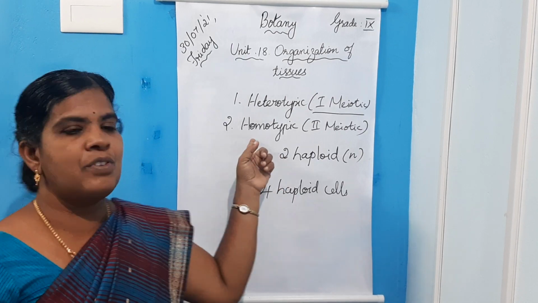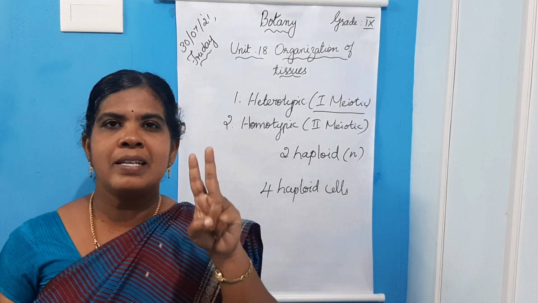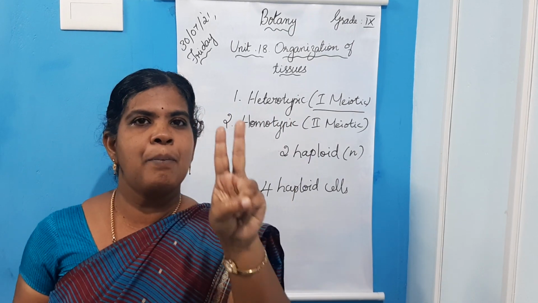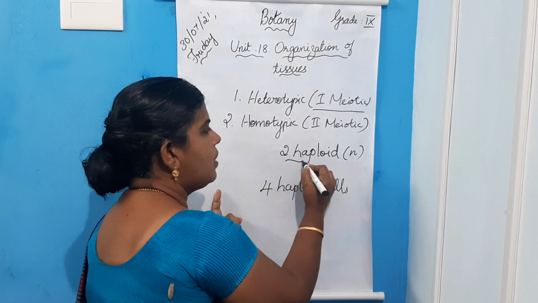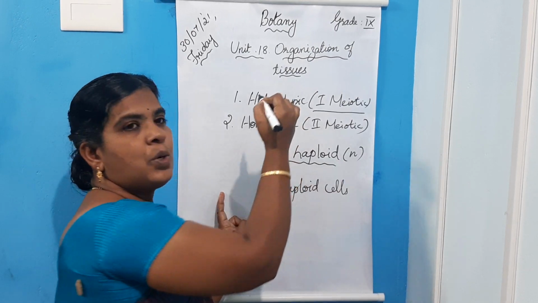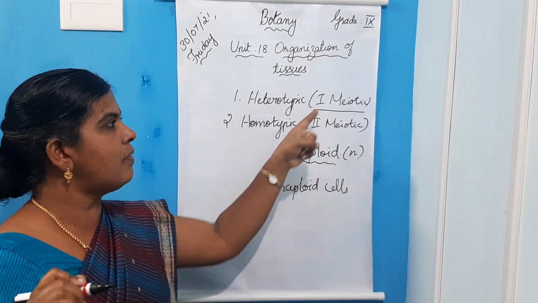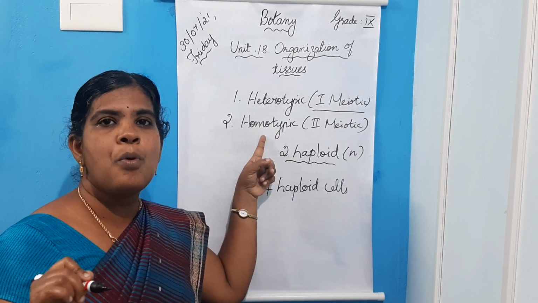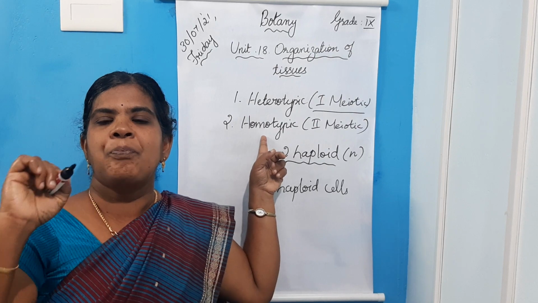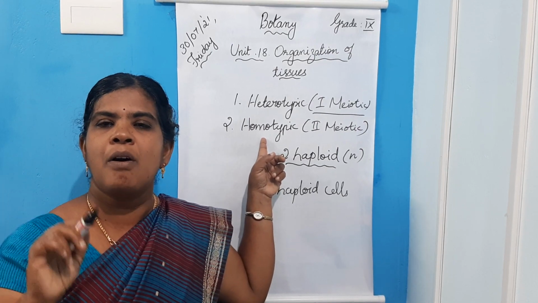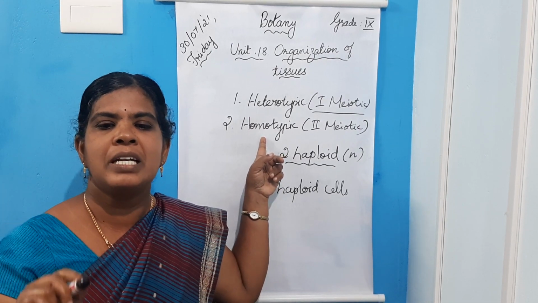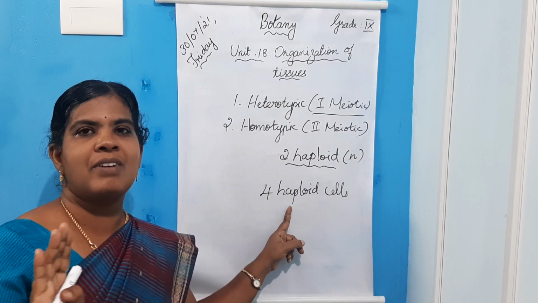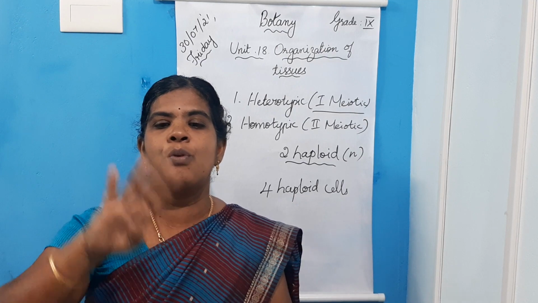In homotypic division, the two haploid cells formed during the first meiotic division divide into how many cells? 4 cells.